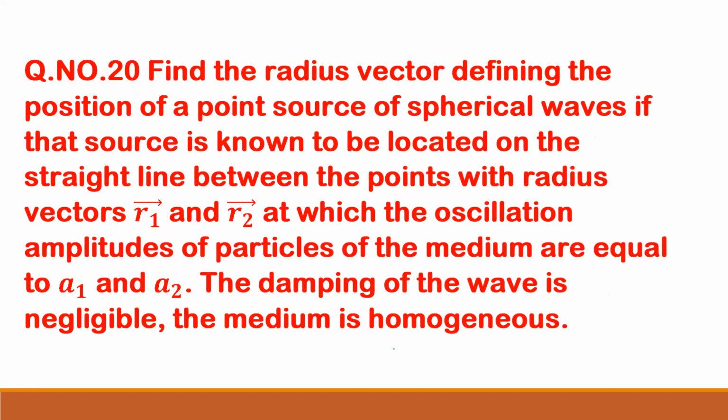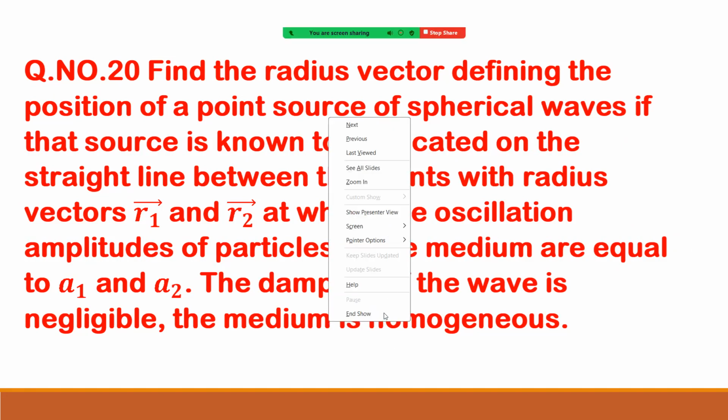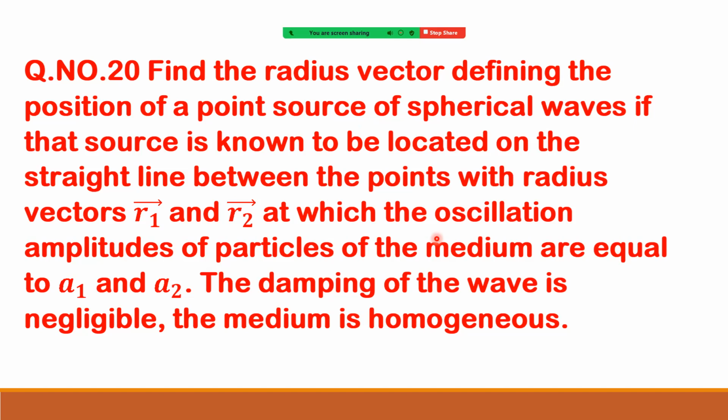Find the radius vector defining the position of a point source of spherical waves if that source is known to be located on the straight line between the points with radius vectors r1 bar and r2 bar, at which the oscillation amplitudes of the particles of the medium are equal to A1 and A2. The damping of the wave is negligible.